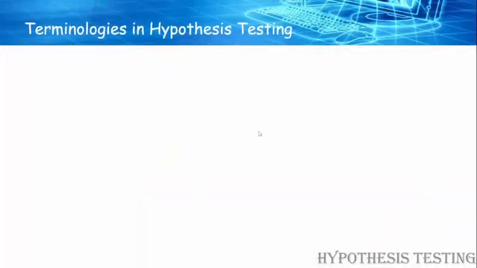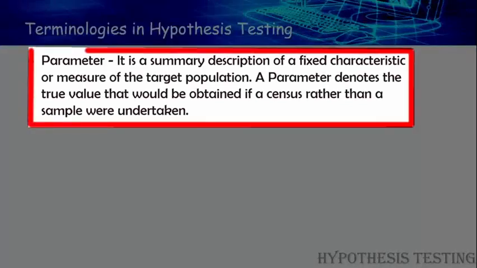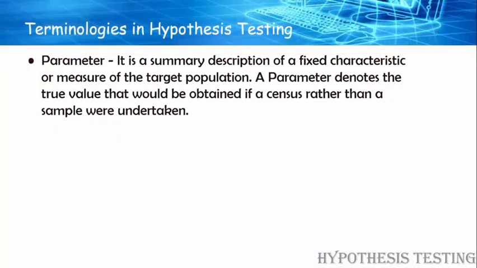Now we'll see a few terminologies. The first terminology is the parameter itself, which we have just seen in the hypothesis testing definition. It is a summary description of a fixed characteristic or a measure of the target population. I hope everyone remembers we have already gone through a lot of parameters in our previous videos.